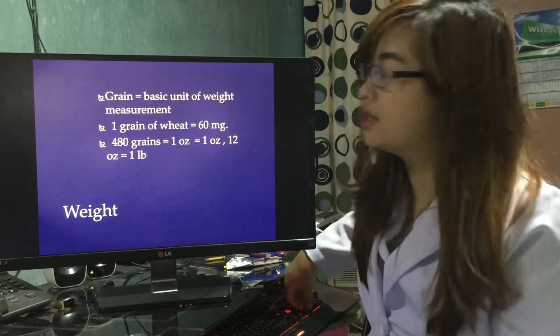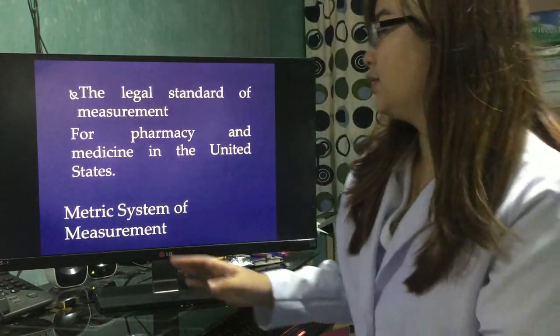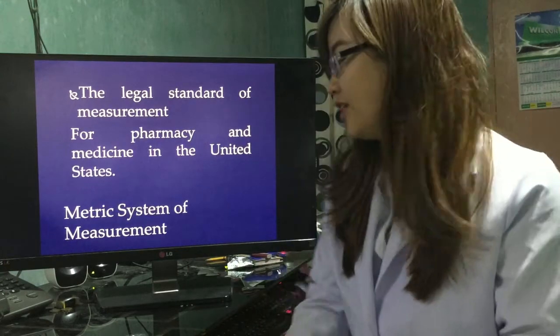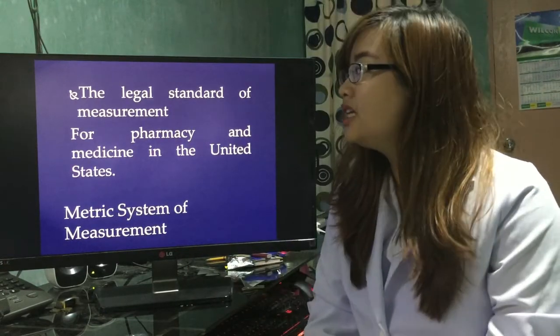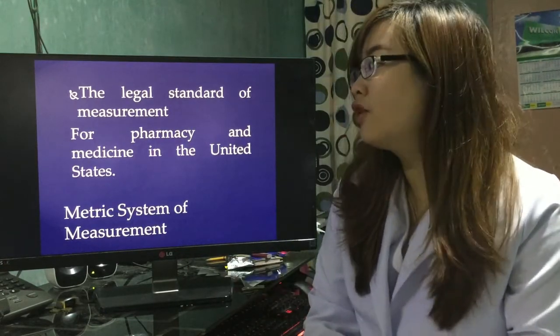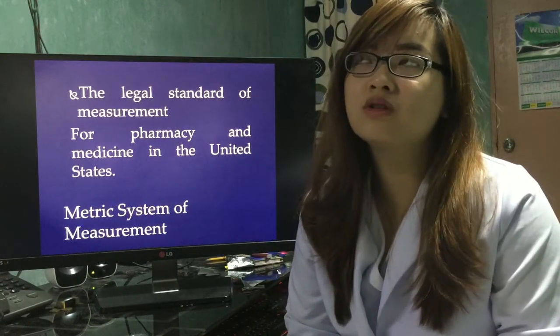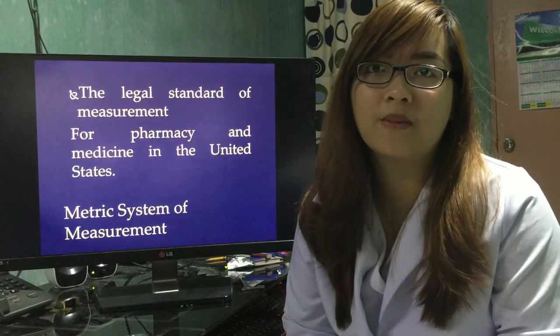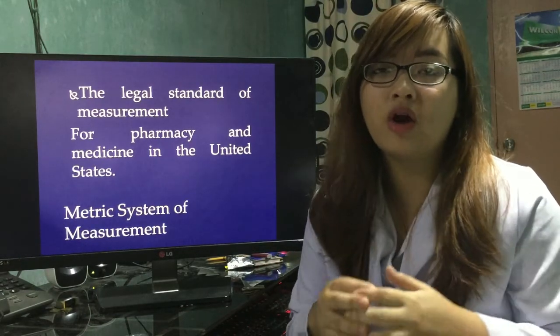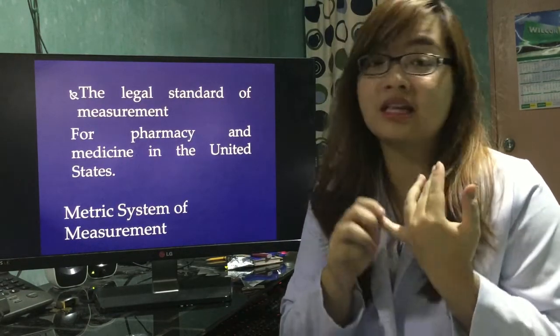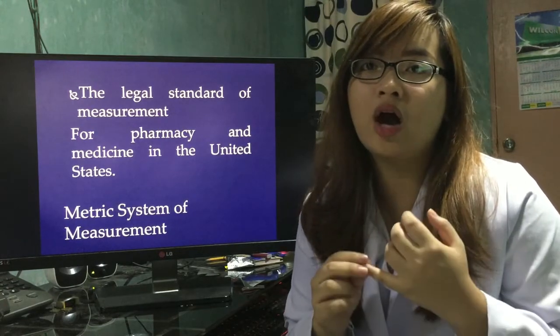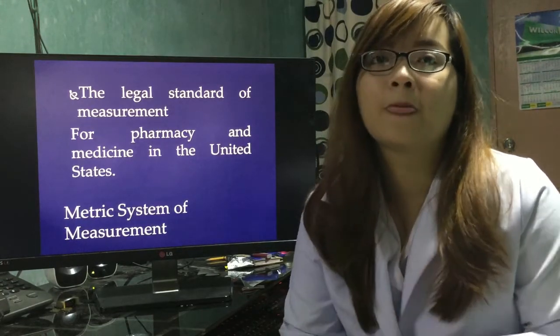Last but not least is the metric system of measurement. It is the legal standard of measurement for pharmacy and medicine in the United States. It is the most commonly used system of measurement throughout the world because it is said to be the safest, as well as throughout the sciences and medicine.